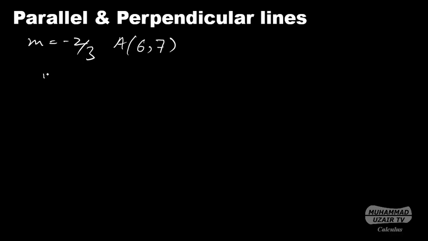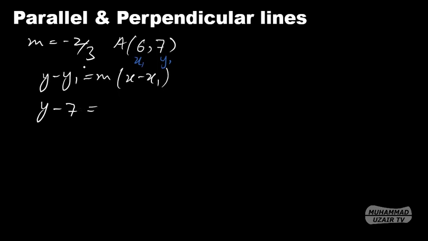As we know, y minus y1 is equal to m times x minus x1. Here this is x1, this is y1. By putting in the values, y minus 7 is equal to minus 2 divided by 3 times x minus 6.